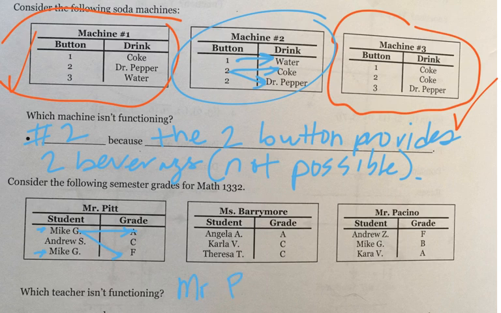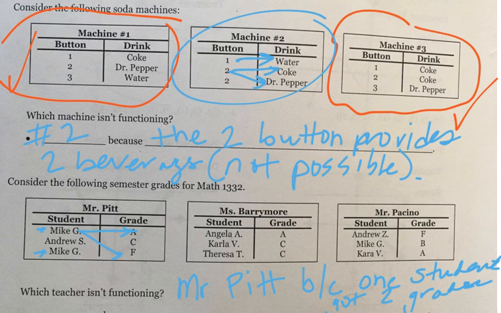That's Mr. Pitt, because one student got 2 grades. In the 2 other situations with Miss Barrymore and Mr. Pacino, each distinct student gets their own specific grade. Now look here. It's possible that 2 different students could get the same grade, but it's not possible that one student get 2 separate grades.